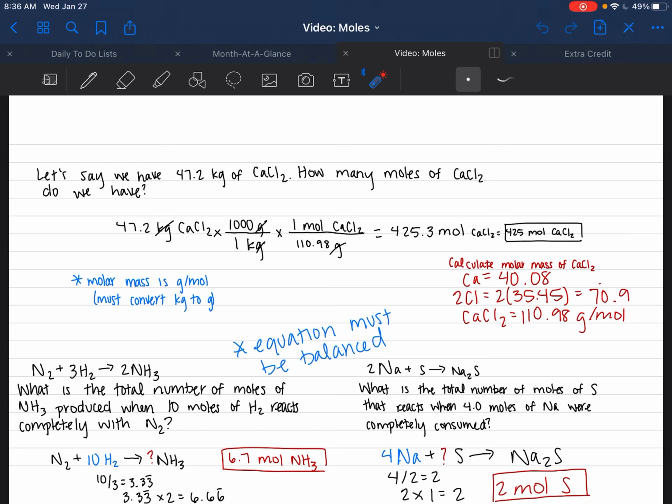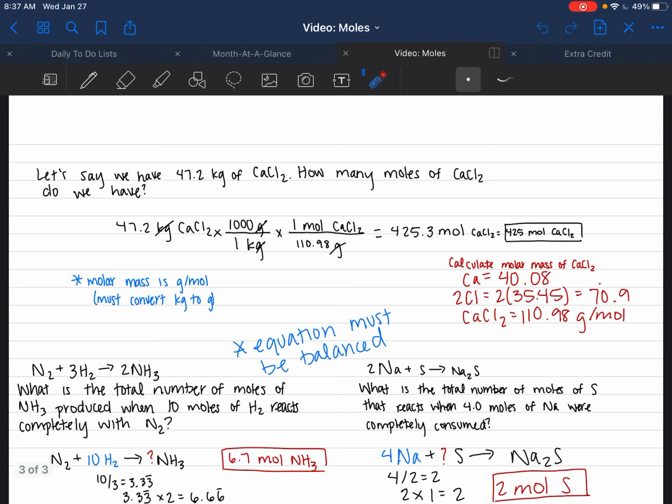That is our molar mass. So again, grams is on top here. We put it on the bottom here so it'll cancel out, per 1 mole. And we get that we have 425.3 moles. But because we are using significant figures, there were 3 in the question, we get 425 moles of CaCl2.